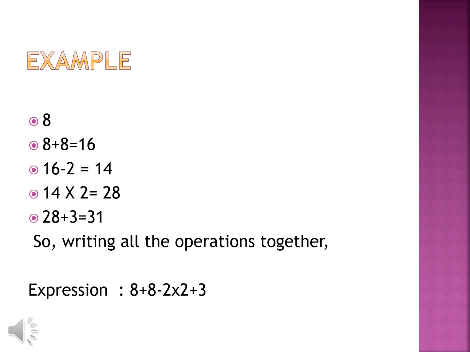So if you see the expression that is written at the bottom, this is the sequence of instructions that I got. I have written the operations in the sequence that I was told: 8 plus 8 minus 2 multiply 2 plus 3. So we call this an expression.